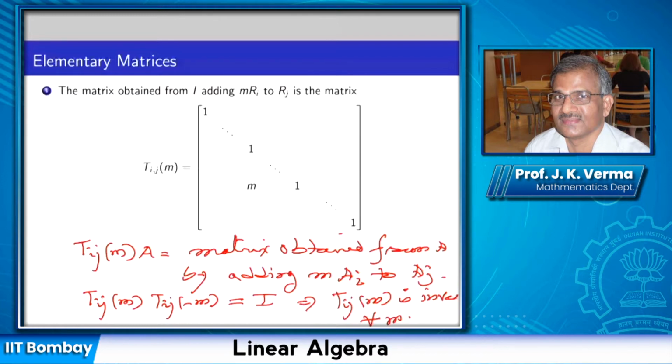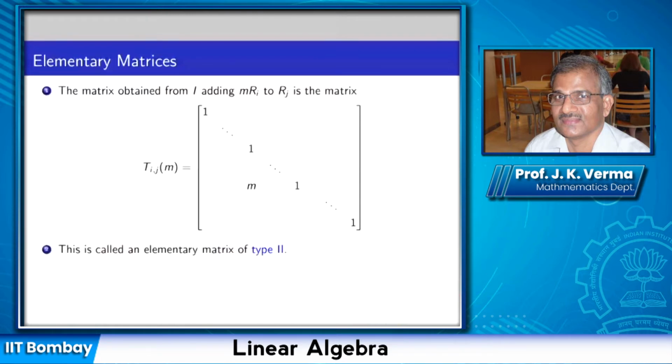So this is the second type of elementary matrix, which is obtained by adding m times ith row to the jth row of identity matrix. This is called an elementary matrix of type 2, and as I wrote, Tij_m times Tij_minus m is identity. So inverse of Tij_m equals Tij_minus m.